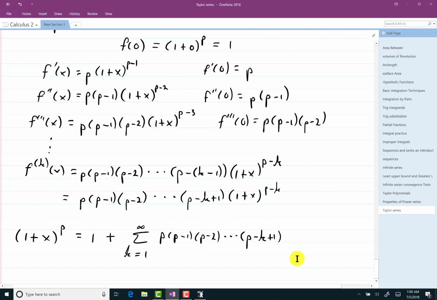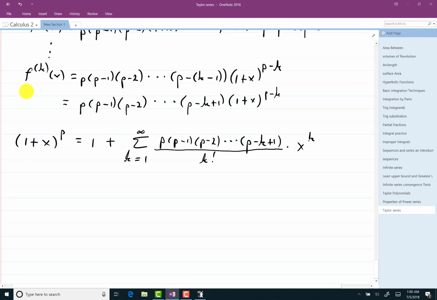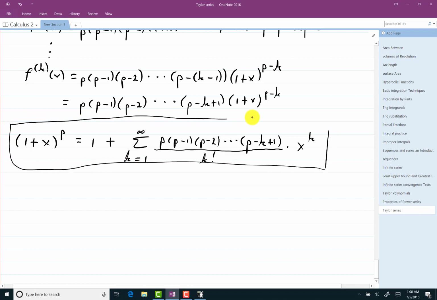This was a Maclaurin series, so I'm going to have x to the k, and this is going to be over k factorial. These are a lot easier than they look. This looks horrid for a series, a binomial series, but it looks a lot better than this in real examples.